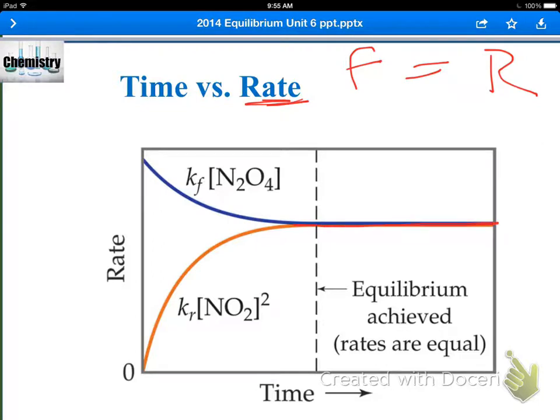And that's what you end up seeing right here. So the reaction hasn't stopped, it has just reached the point where the concentrations won't change, but the rate of the concentration change versus time is now constant. Okay, so you can show this either in a time rate or a time concentration graph, to see where equilibrium is occurring.